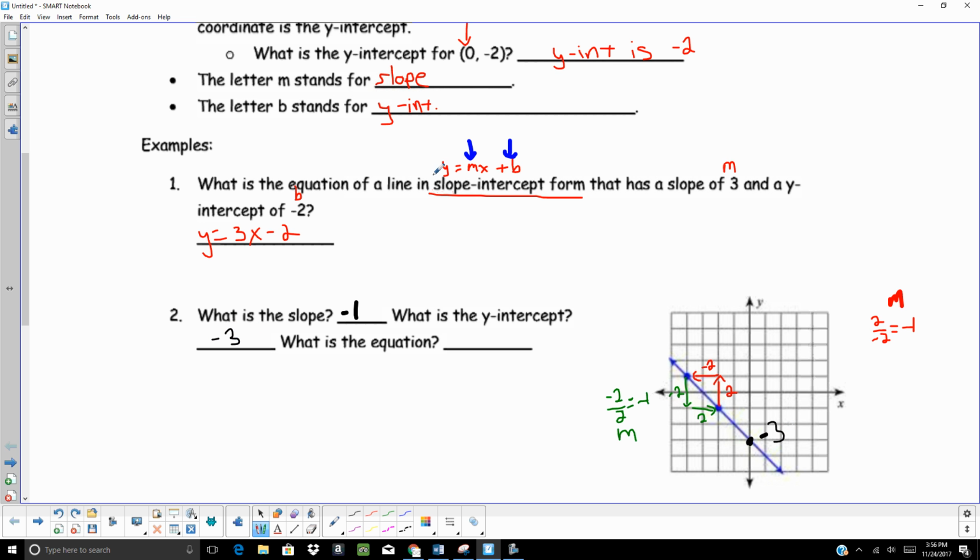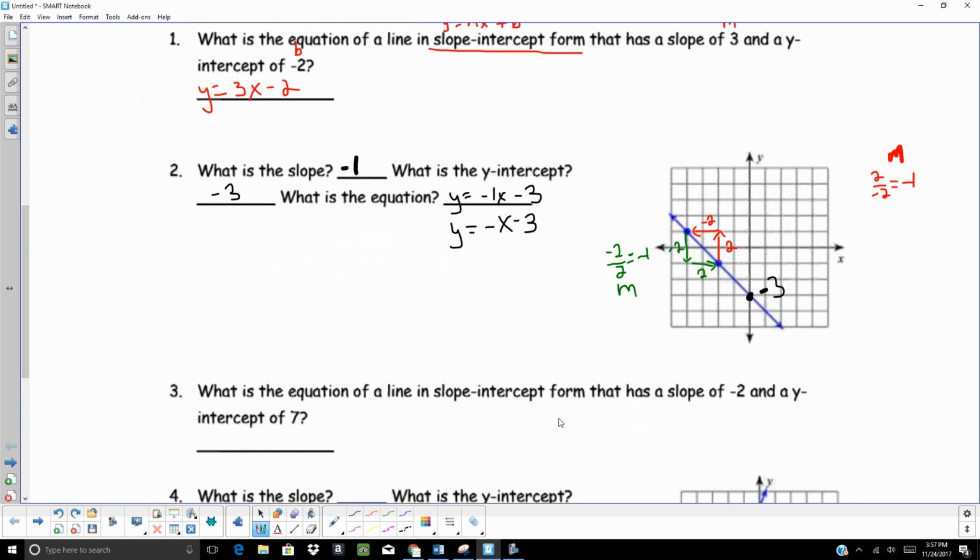So I'm going to go back to my equation, y equals mx plus b. Y equals -1x minus 3. You can leave it as that -1x, but it's kind of awkward. The better way to write that would actually be y equals -x minus 3.